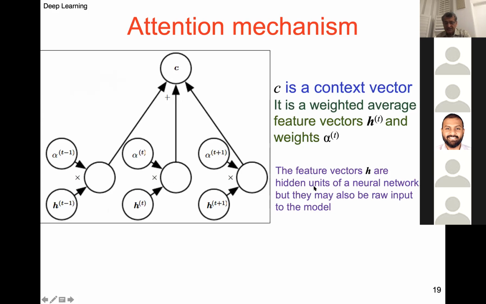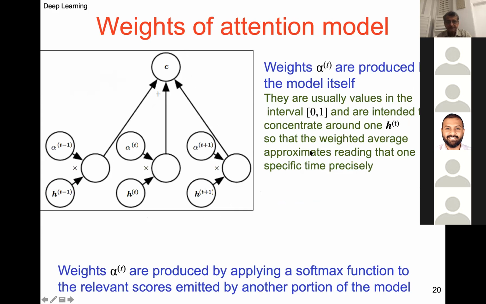And the feature vectors H are hidden units in a network, but they may also be a raw input to the model. They could be just words, word2vec, or it could be the hidden unit values. So this is capturing what was actually presented here. What was the sentence that we had? So the weights of the attention model, what are those things, alphas, are produced by the model itself.